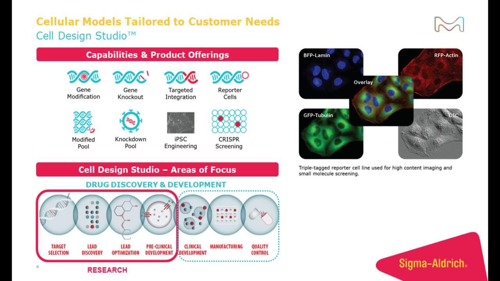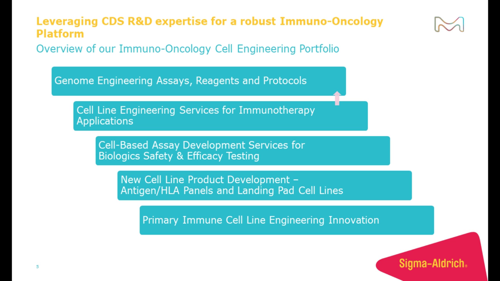Our projects range from gene modulation and knockouts to difficult integration and generation of reporter constructs. Really, there's no project too difficult. There's no project too large. We like to, again, take on the things that we find most challenging, and some of the projects that I'll tell you about today fall into those categories.